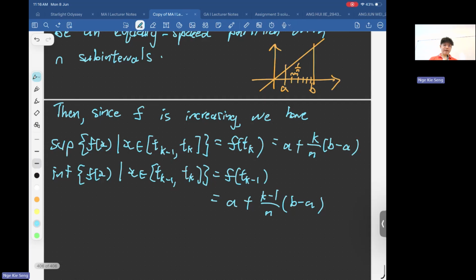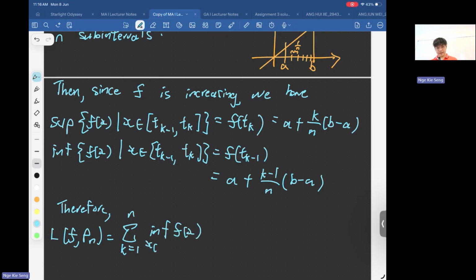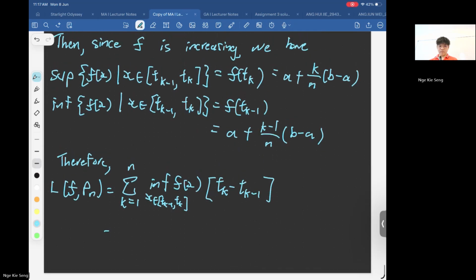Okay, and then what do we do? Therefore, we compute our L(f, P_n), which is equal to the sum from k equals 1 to n of the infimum of f(x) for x in [t_{k-1}, t_k], times (t_k minus t_{k-1}).